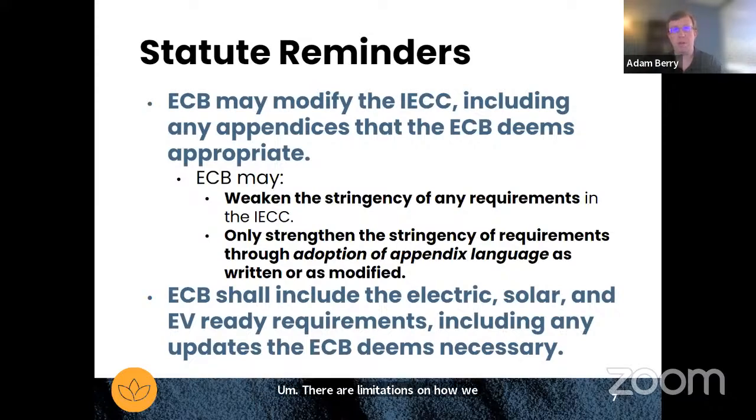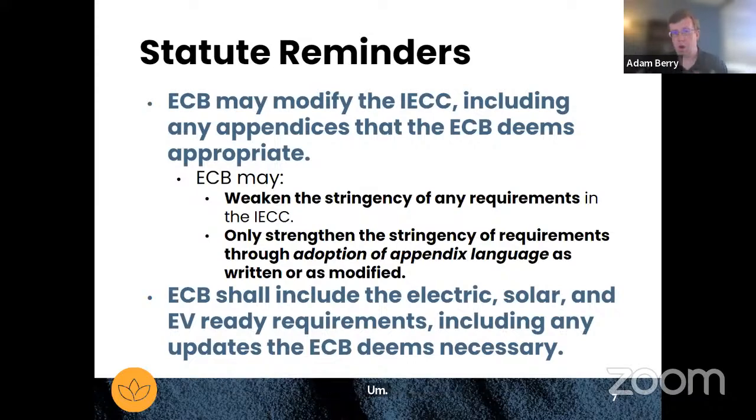There have been questions about whether we can strengthen provisions, and the answer is yes, the board can strengthen provisions. However, it needs to be done through adoption of language from one of the appendices, either as it's written or as it can be modified. And by modified, we mean either neutrally or weakened from the way the appendix is written now.